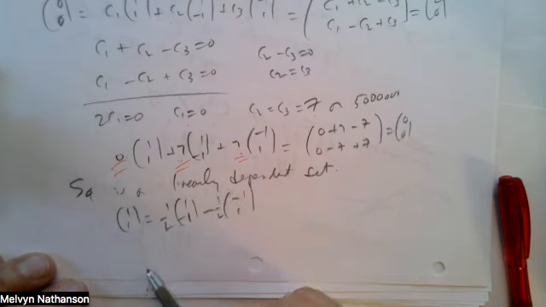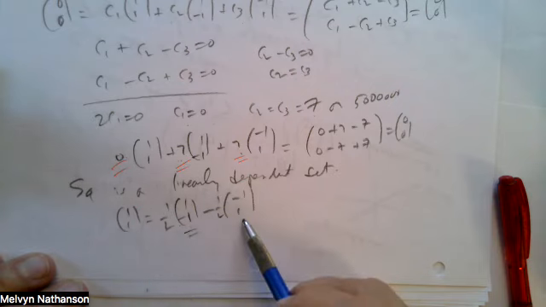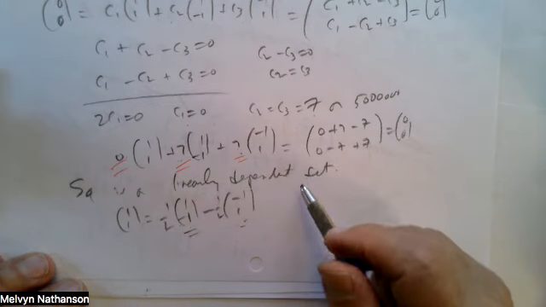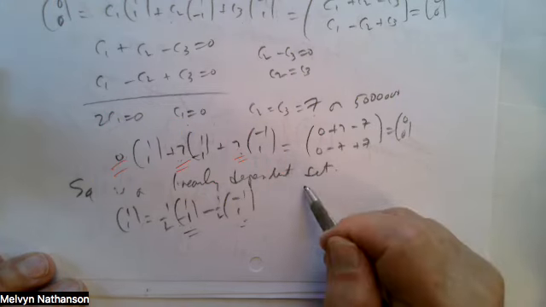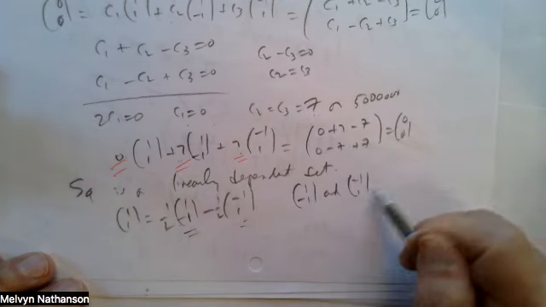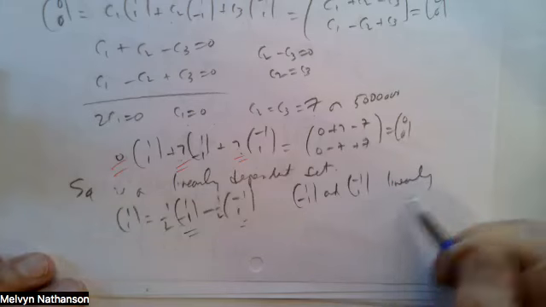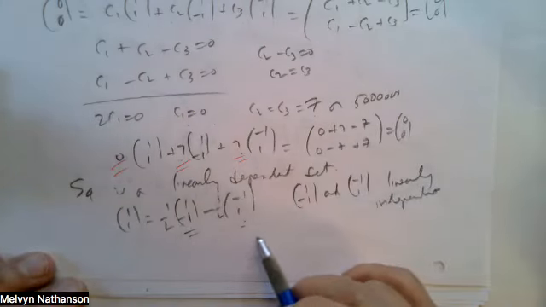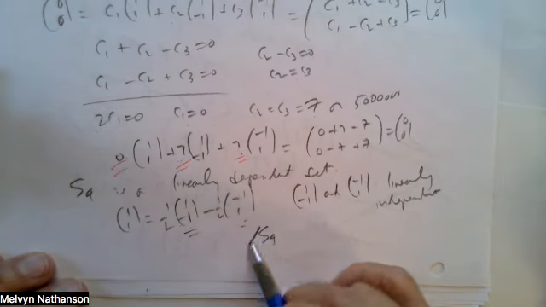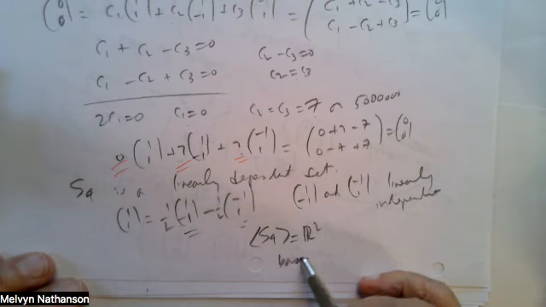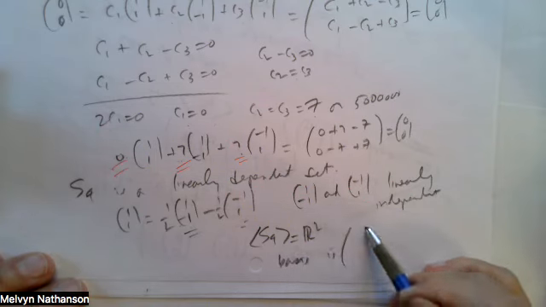You add that up, you get (1, 1). So this shows (1, 1) is a linear combination of these two vectors. And any two of them, in fact, for example (1, -1) and (-1, 1), are linearly independent. So S4 generates R2, and the basis is just the set of these two vectors.